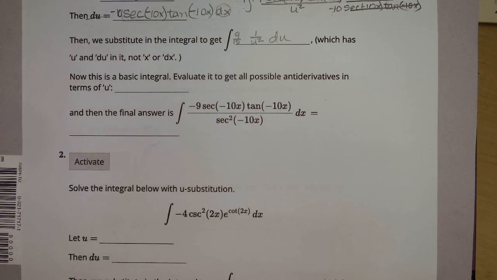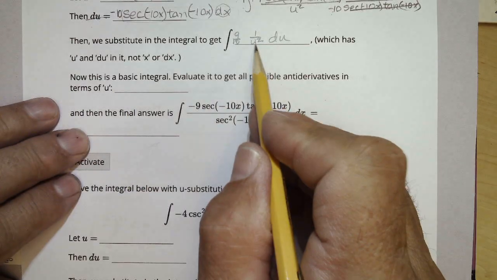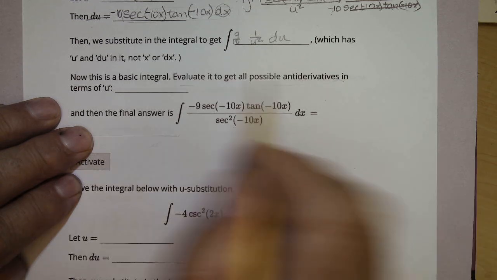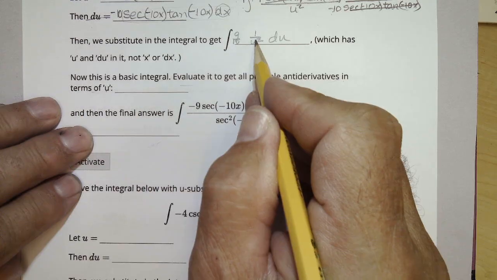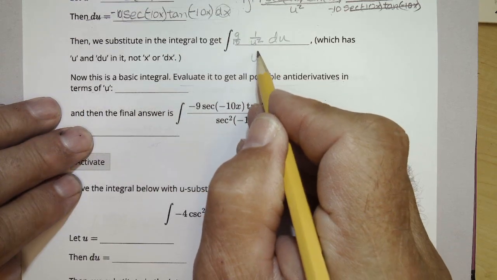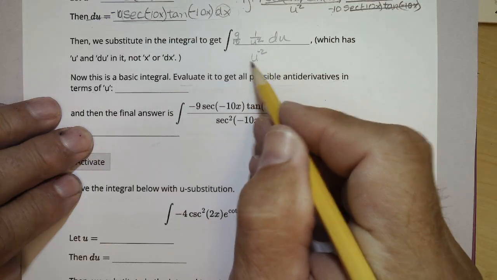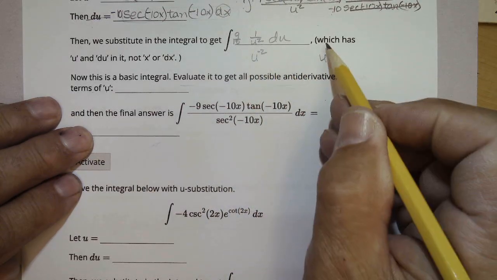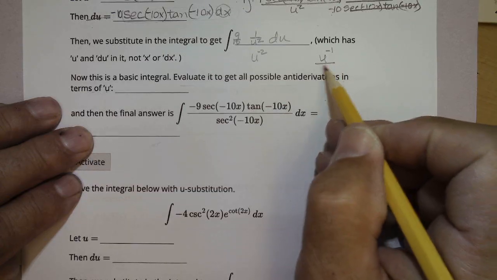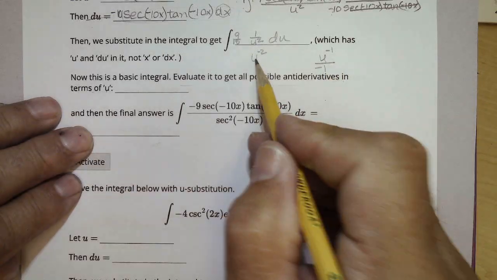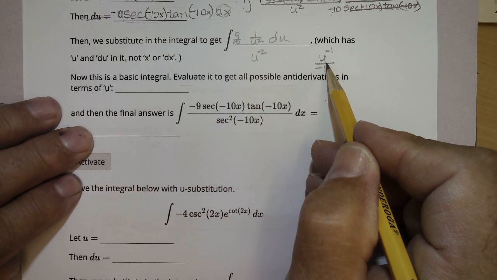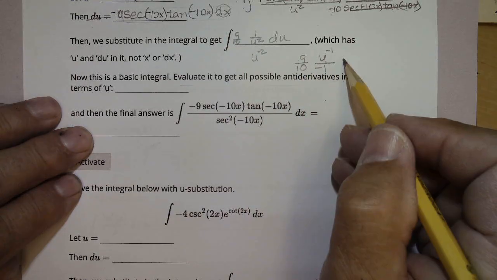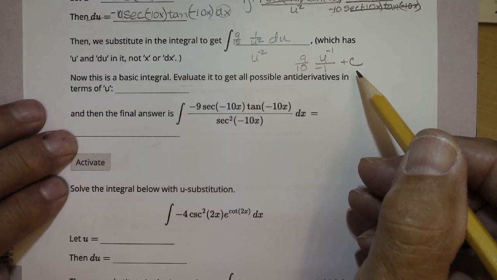Now this is a fairly basic integral. In terms of u, this is u to the minus 2. If you take the antiderivative of that, that would be u to the minus 1, adding 1 to the power and dividing by the new power, the reverse of the power rule. And it's going to be times 9/10, and there's going to be a plus c.